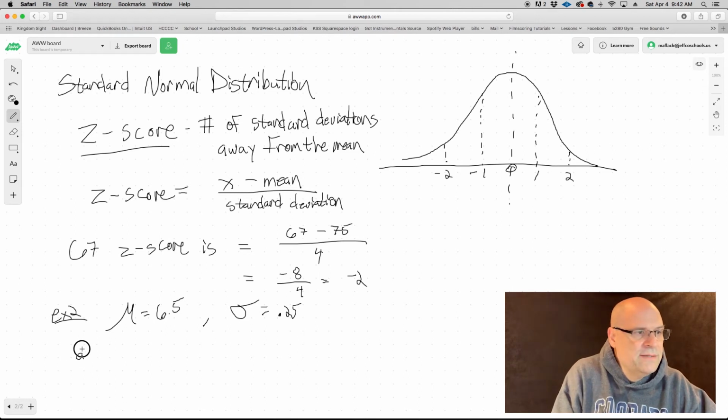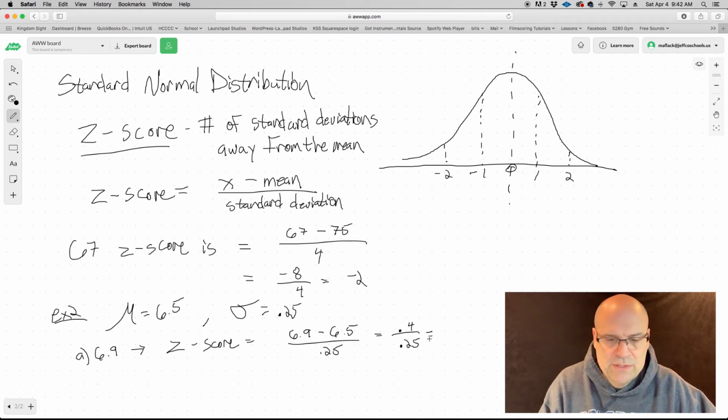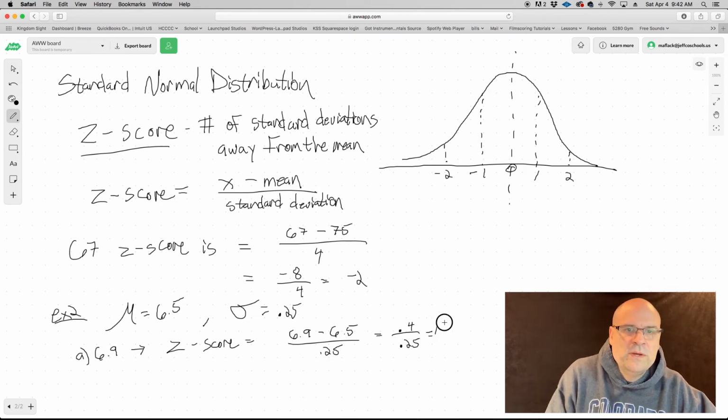So A is 6.9. Find the z-score. So that equals 6.9 minus our mean, 6.5, all divided by our standard deviation. All right, so that's 0.4 divided by 0.25, which equals 1.6.